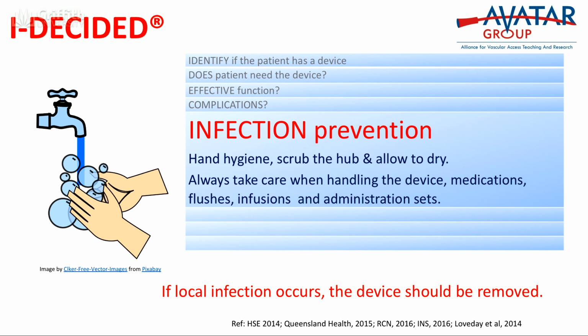And if you observe local infection at the site of the catheter, the device should be removed. It's also important to be aware that if the patient has a bloodstream infection that has no other known source, you should always suspect the intravenous catheter and consider removal.